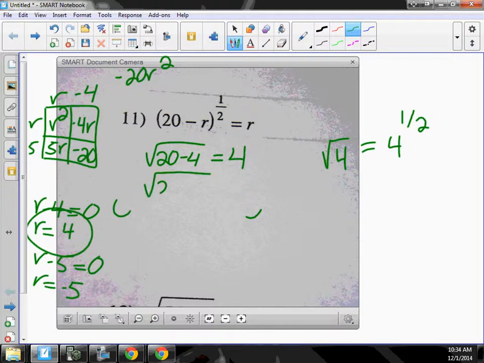Square root of 20, what is minus negative 5? It's plus 5. Is the square root of 20 plus 5 equal to negative 5? No. So this answer is extraneous. We just cross it off. R equals 4 is the only correct solution. Okay.